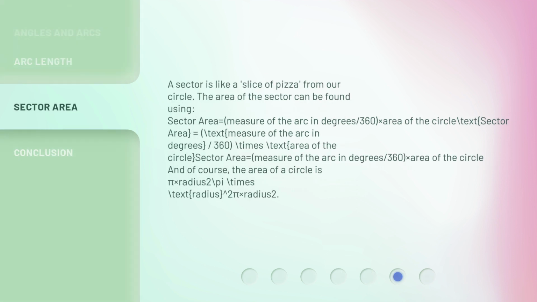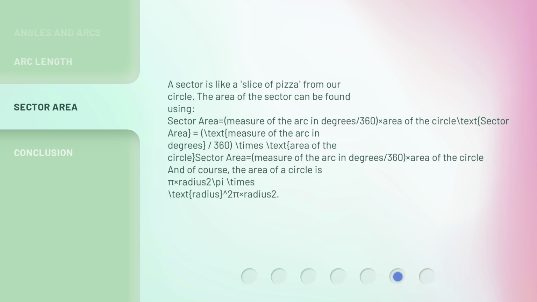A sector is like a slice of pizza from our circle. The area of the sector can be found using: sector area equals the measure of the arc in degrees over 360, times the area of the circle.